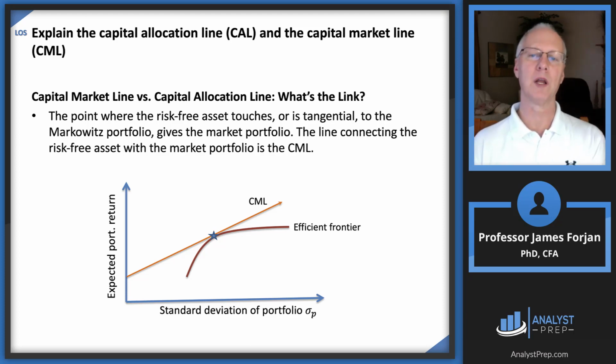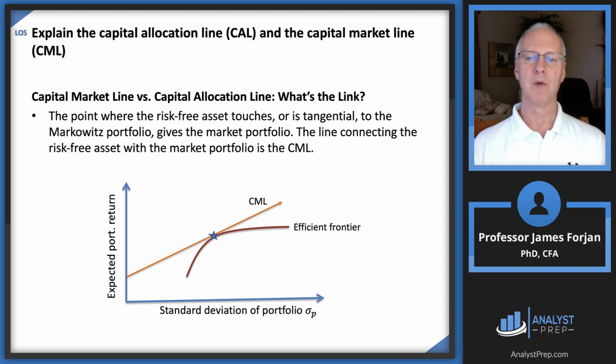So that capital market line is really the tangent point from the risk-free rate of interest on the vertical axis, even though I don't have it labeled over there, and it's sloping upward and to the right to reflect the risk-return trade-off.